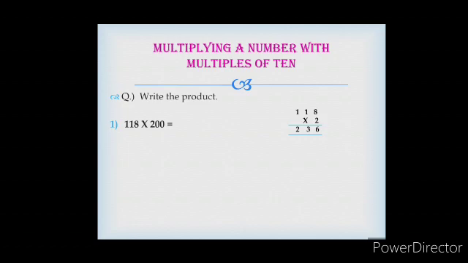Now one method is to write the whole thing. That means 118 into 200. But instead of following that long method, what we can do, we can ignore those 2 zeros for now and we will be writing it later. So for now, you just have to multiply 118 into 2. So let's start. 2 into 8 is 16.